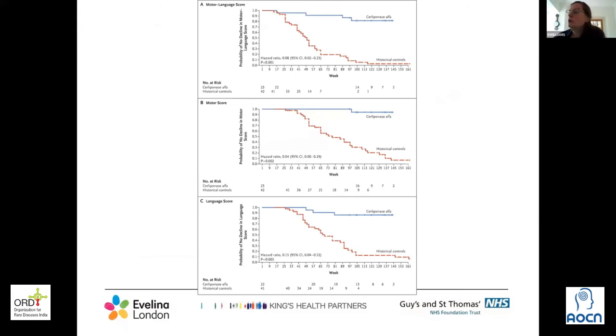The historical controls are the red lines, and that's reflecting that steep decline. Children were only recruited if they had some retained motor and language skills, so that it was possible then to measure any decline. So they compared the study children with historical controls, and you can see that the children who were in receipt of the cerliponase alpha had skills maintained in comparison with historical controls over the length of the trial, which was 2 years.